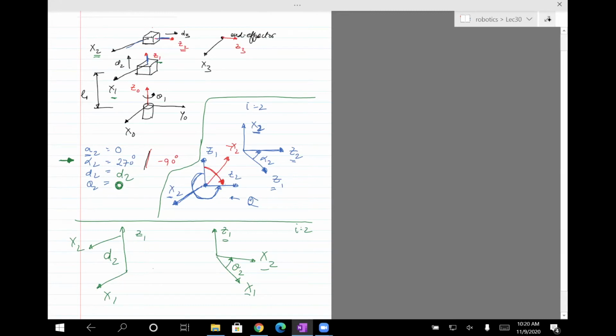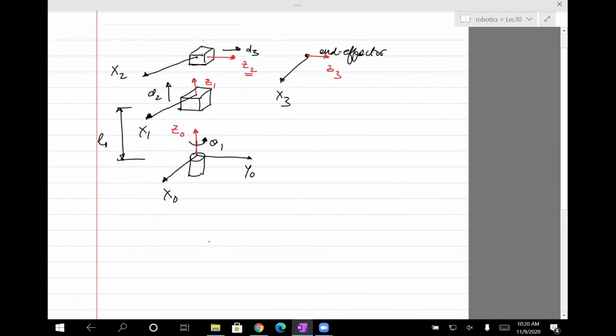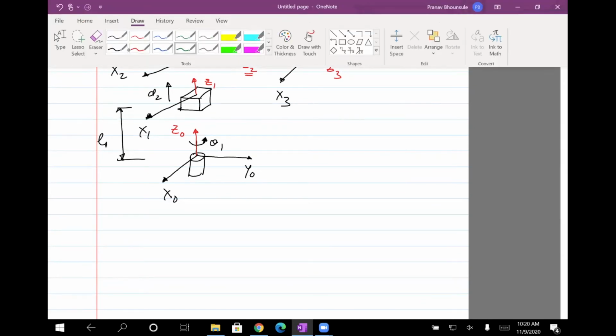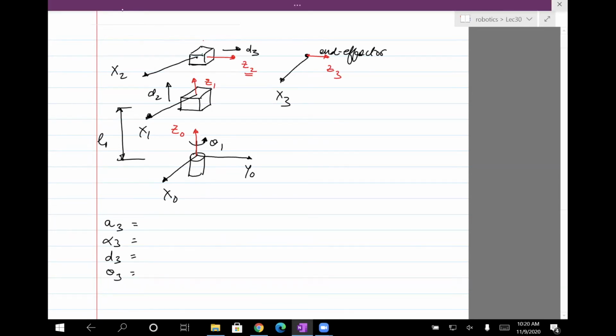Okay, so let's move on, do the final link. So I want to find A3, alpha 3, D3, and theta 3. Okay, so let's go to page 3.